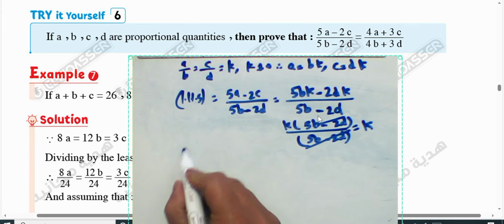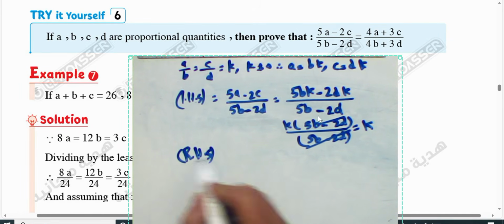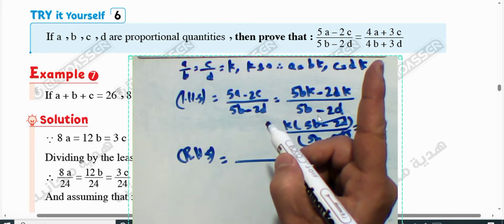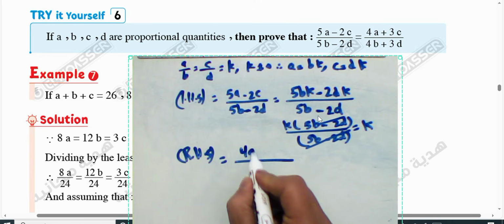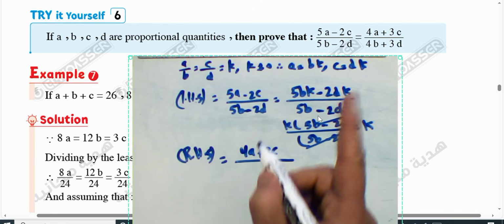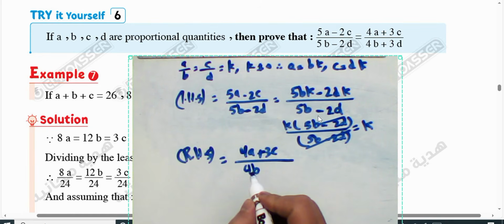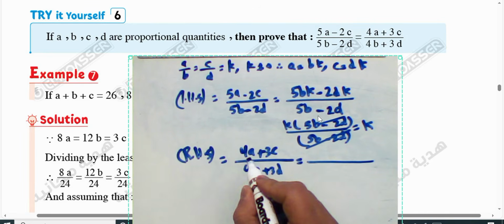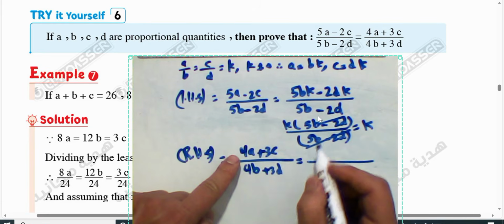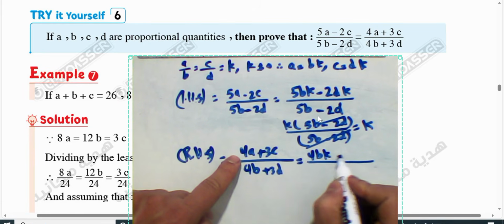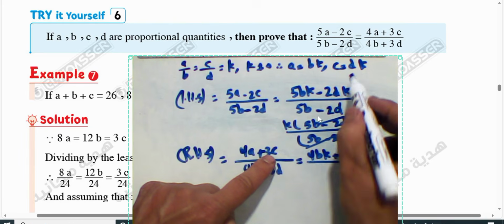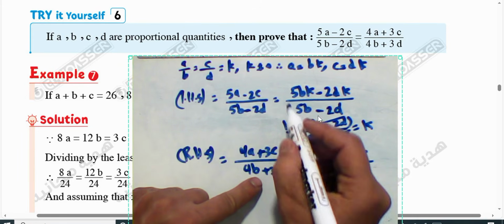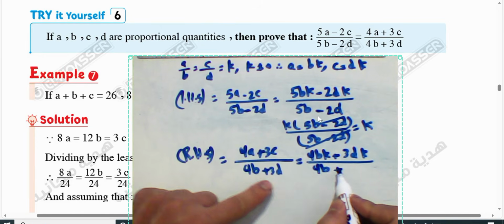Now I will solve the right hand side. Right hand side about this example. Look at here. 4a plus 3c over 4b plus 3d. 4 times a equals bk, then we have 4bk, plus 3 times c equals dk, then we have 3dk, over 4 times b plus 3 times d.